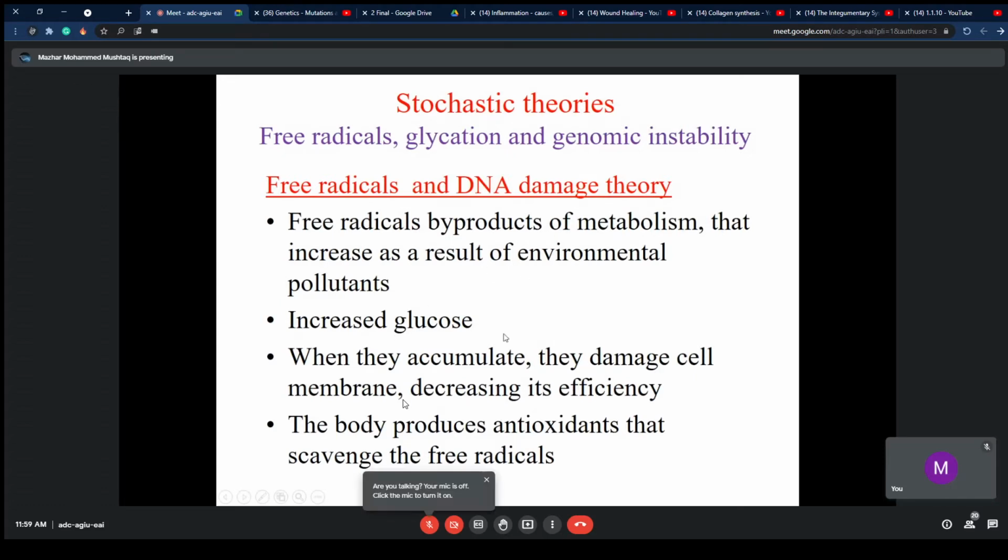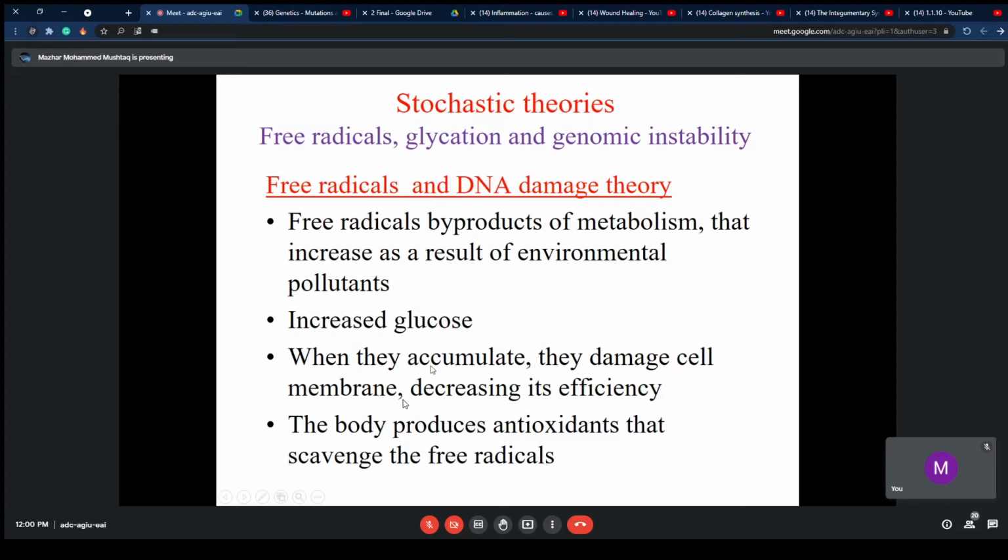Similarly, the increased glucose, you all know what is the consequence when there is increased glucose in our body for a long time. That would result in diabetes. If it continuously increases and is not taken care of, that would result in diabetes mellitus. And diabetes mellitus, you all know, affects the aging, it affects the individual phenotype.